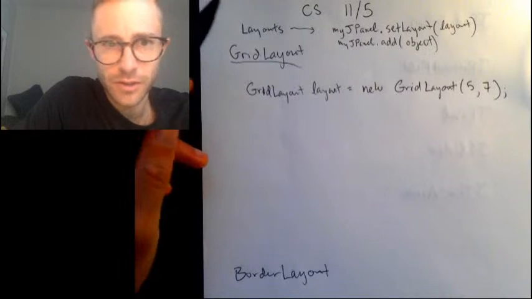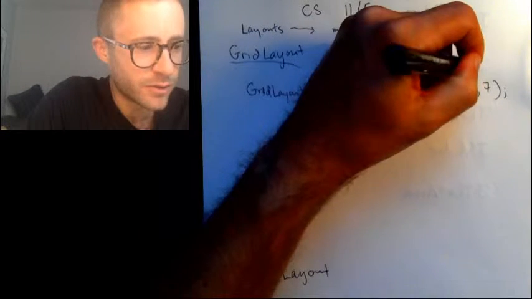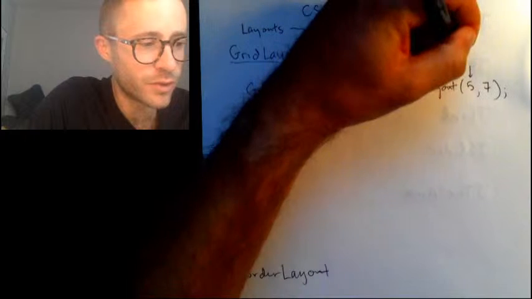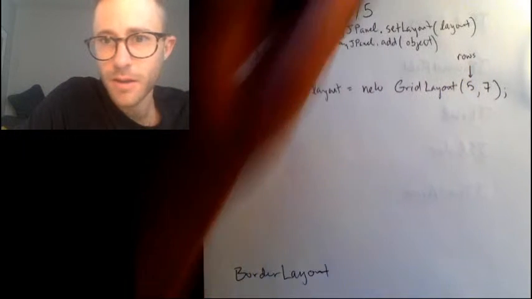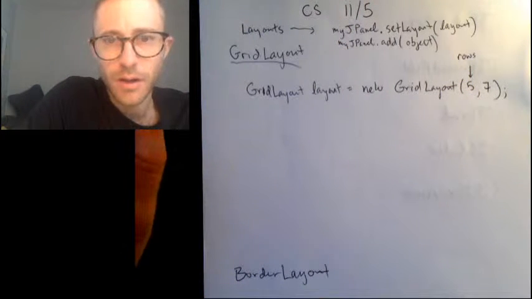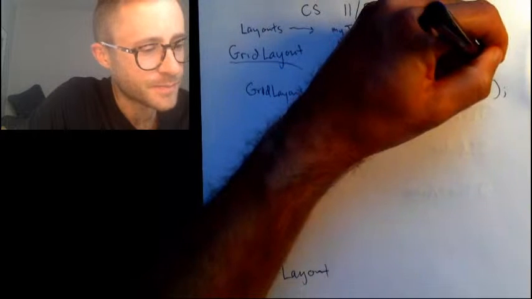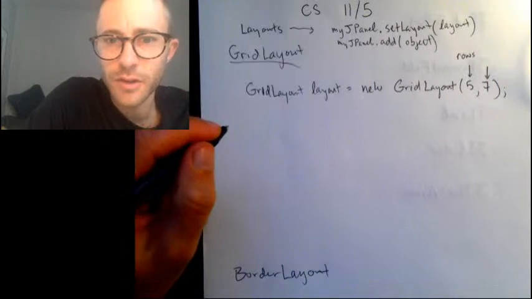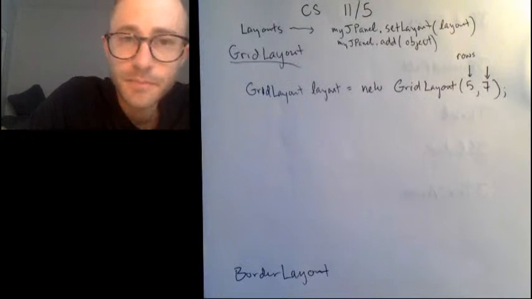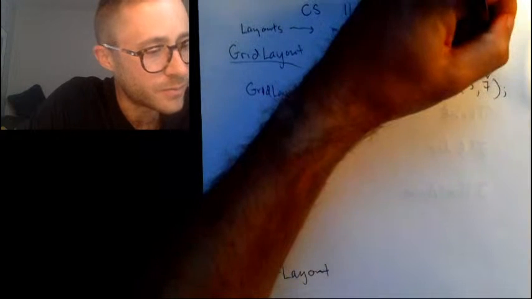This 5 is the number of rows in your grid layout, and this 7 is the number of columns.